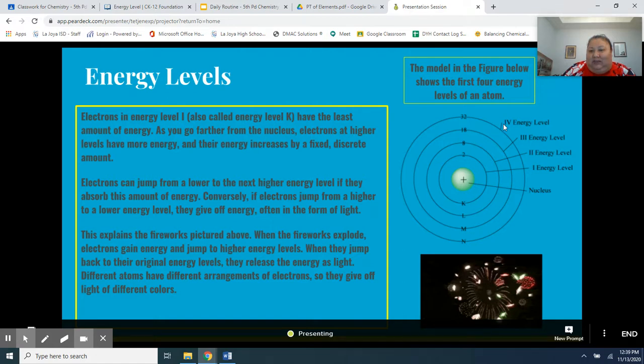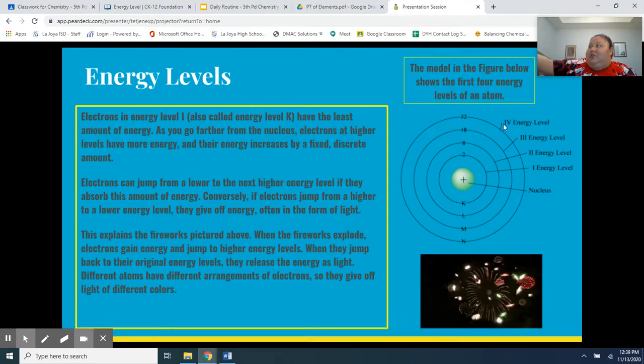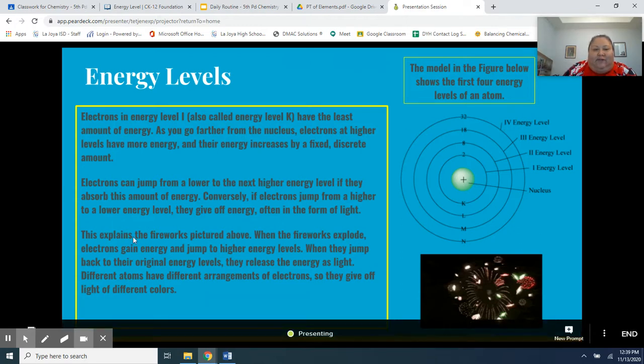The further you are from the nucleus, the more energy you need in order to be in that outermost energy level.